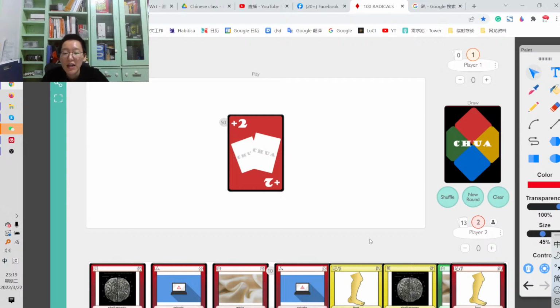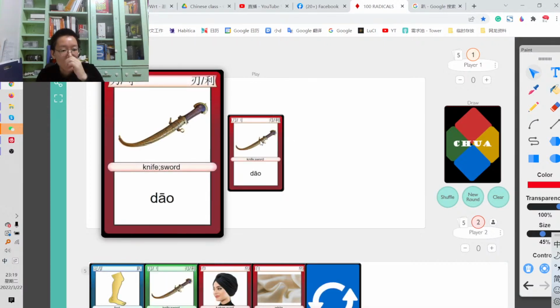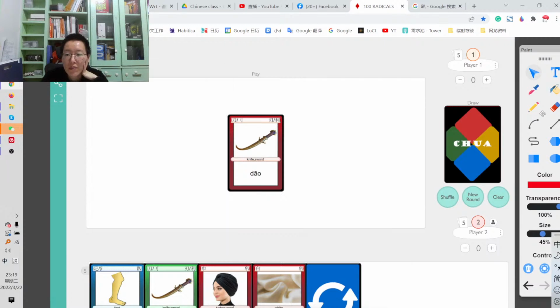Okay, let's try the second round, and I will explain how these example words work. Okay, first one, 刀. The left part on top is the radical. The right part on top is the example character.